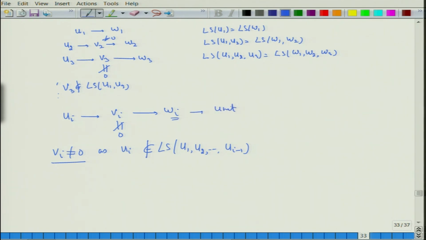The unit vector in the direction of vi, all right. So, in the process, the way we are building up ideas, this will imply that LS of u1 to ui will also be equal to LS of w1 to wi, all right, fine.